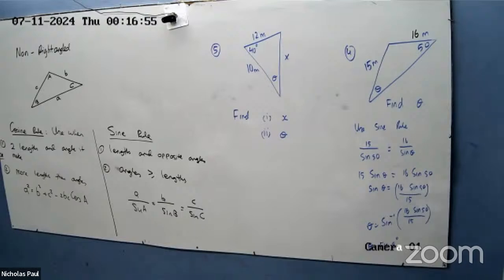Right? I will start with D1. D1, what do you think for x? What's the rule to find x? Not you. What do you think is the rule to find theta? Why you say sine?